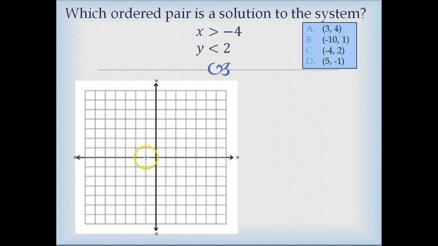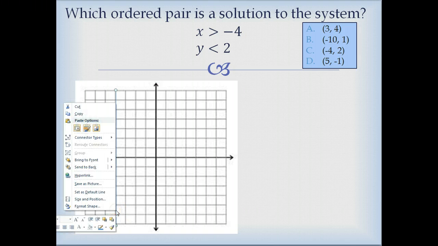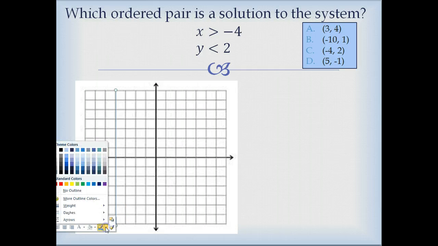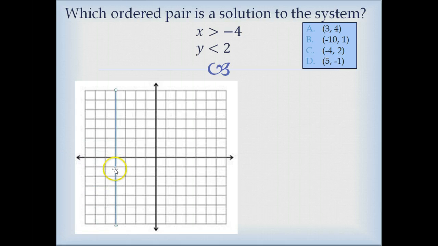So I go over to 1, 2, 3, 4, negative 4, and I make a vertical line. Did I say vertical or horizontal? It's a vertical line. Sorry about that if I misspoke the first time. Oh, I could have changed my line on the last one to a dashed line. Oh, cool. Well, now I know. Okay, so this would be x equals negative 4.